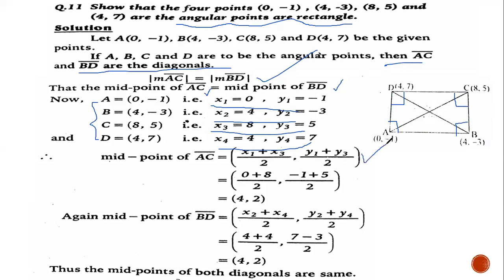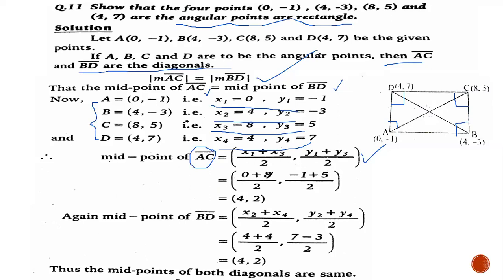So we have written down here the midpoint formula for this line segment, the diagonal AC. For A, we have taken x1, y1. For C, we have taken x3, y3. So the formula becomes (x1 plus x3) divided by 2, the sum of their x components divided by 2, comma, the sum of their y components divided by 2. Substituting their values from the data, we got this step.